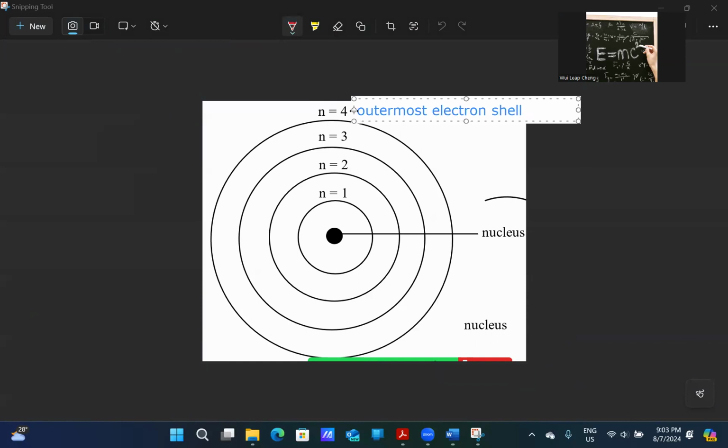So number 4 here is the outermost electron shell. Then how about the first shell to the third electron shell, what are they called? They are called inner electron shells.